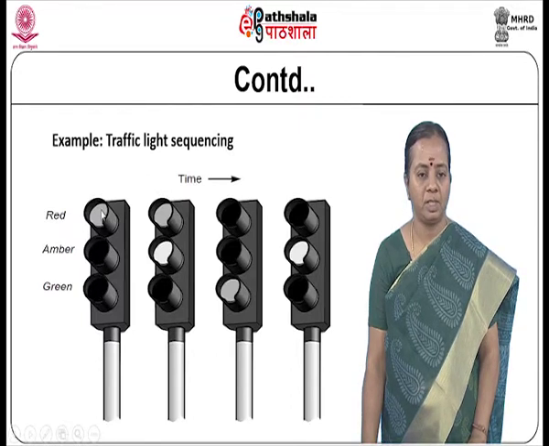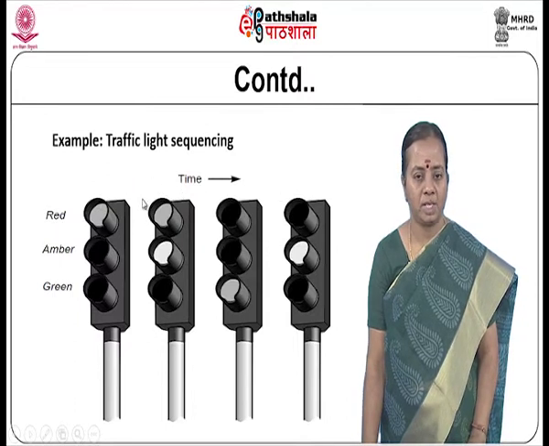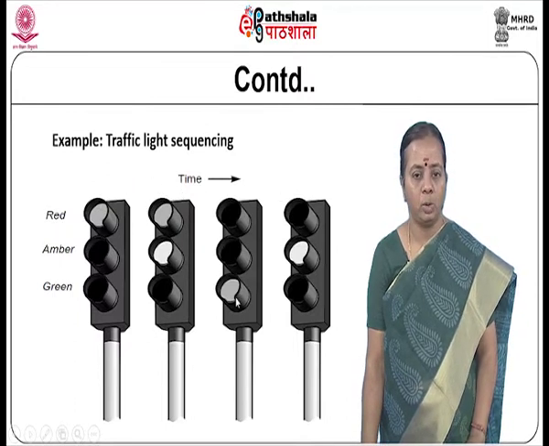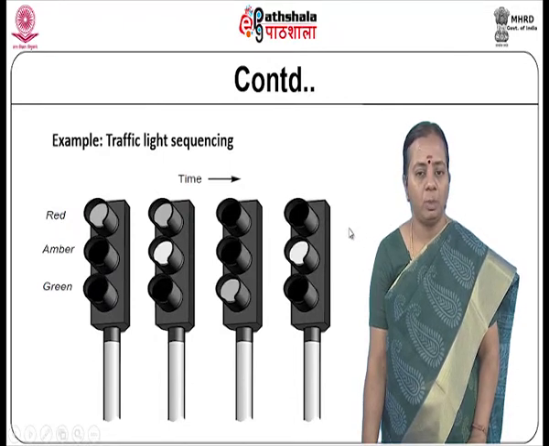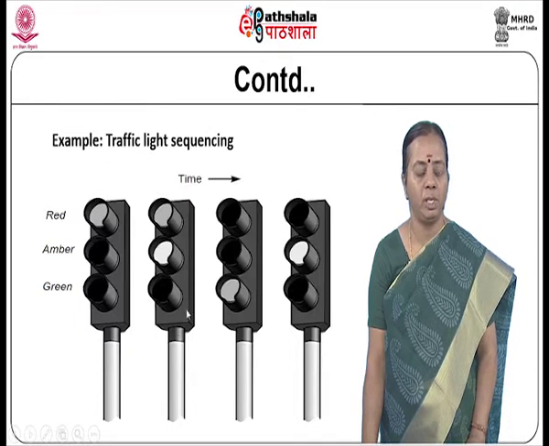You see that it first exists in red for a certain time, this is the time axis. After that this glows, after that this glows. We can make a sequence, either red to amber to green, or red to green to amber, based on the schedule we use.